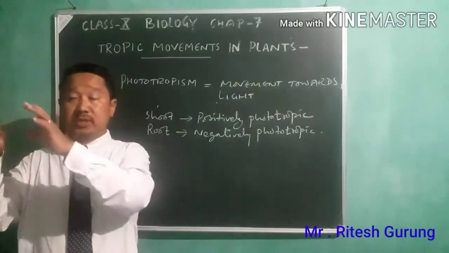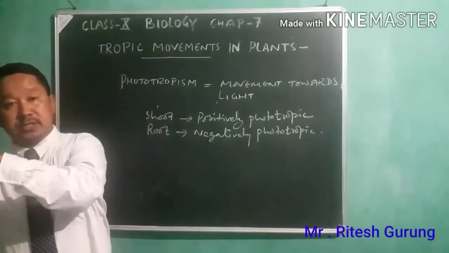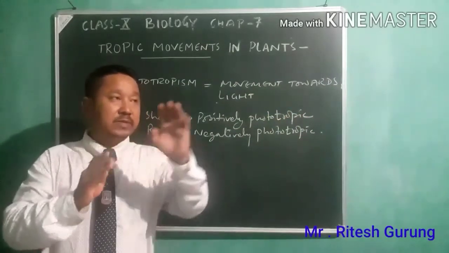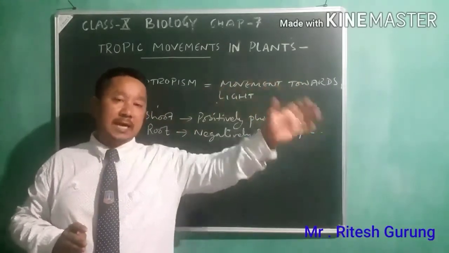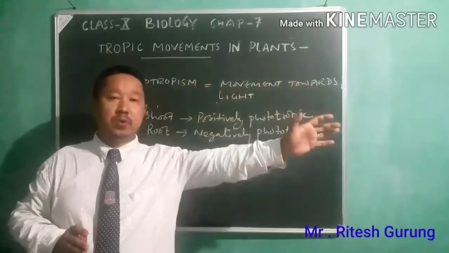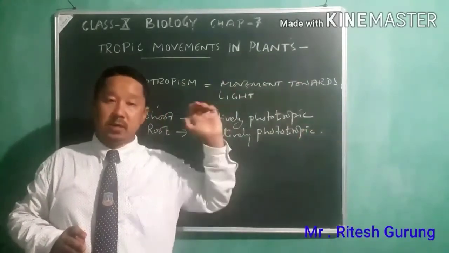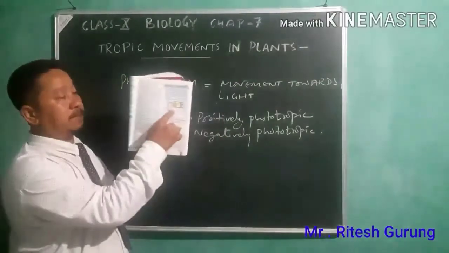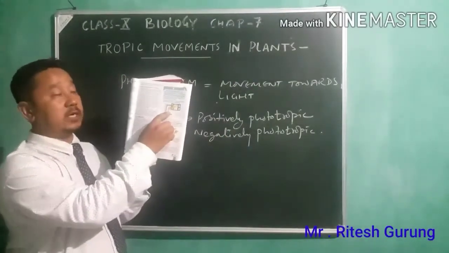Okay, that means you see the shoot system turning towards the source of light, which means that shoot system is showing response to the light out here, which is positively phototropic, which is also shown here in the diagram in your book. You can carry out this experiment at your home also.